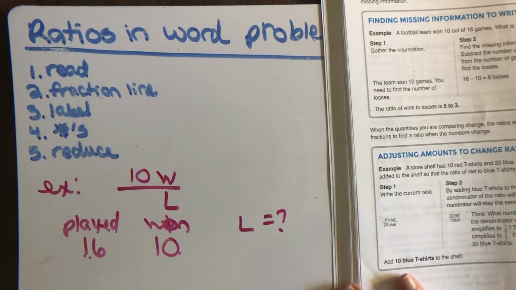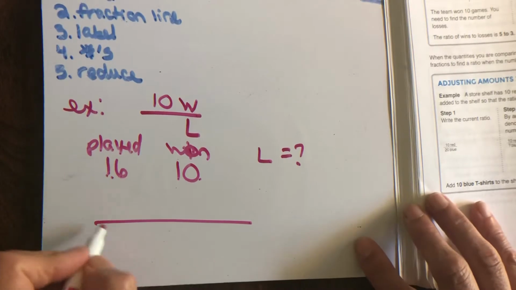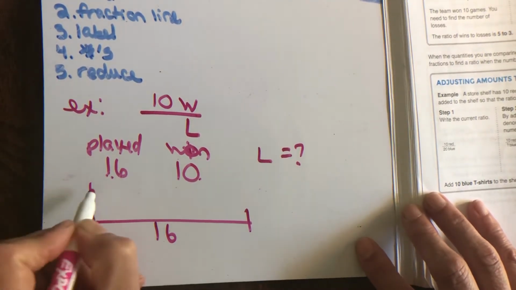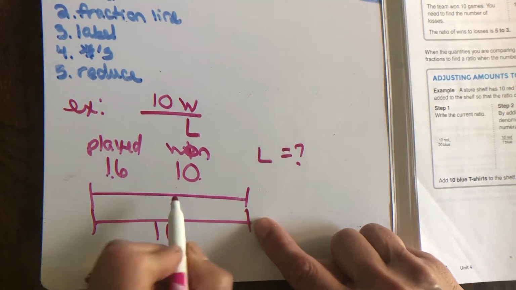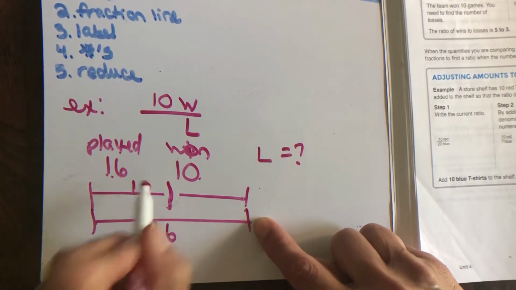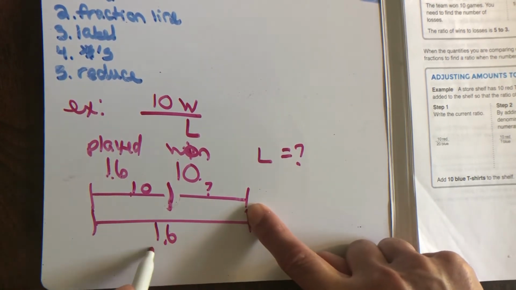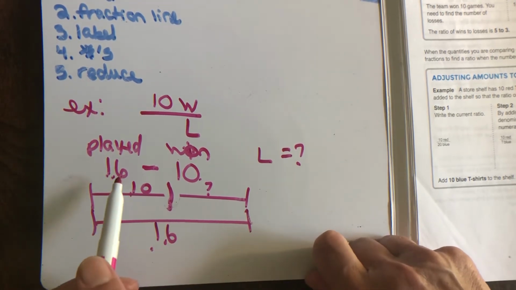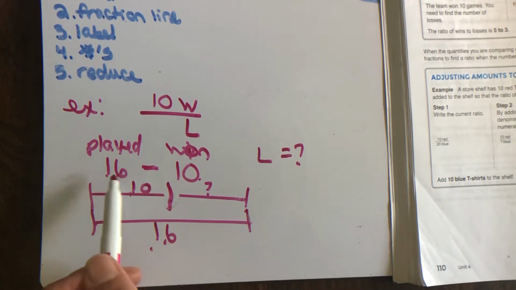Played 16, won 10. Well, obviously, if you've played 16 games, let's just draw it out as a picture, and let's say that your wins and losses together gave you 16. We know we won 10. Then how would you find this other little piece? You would have to subtract 16 minus 10. Sometimes we say this backwards.